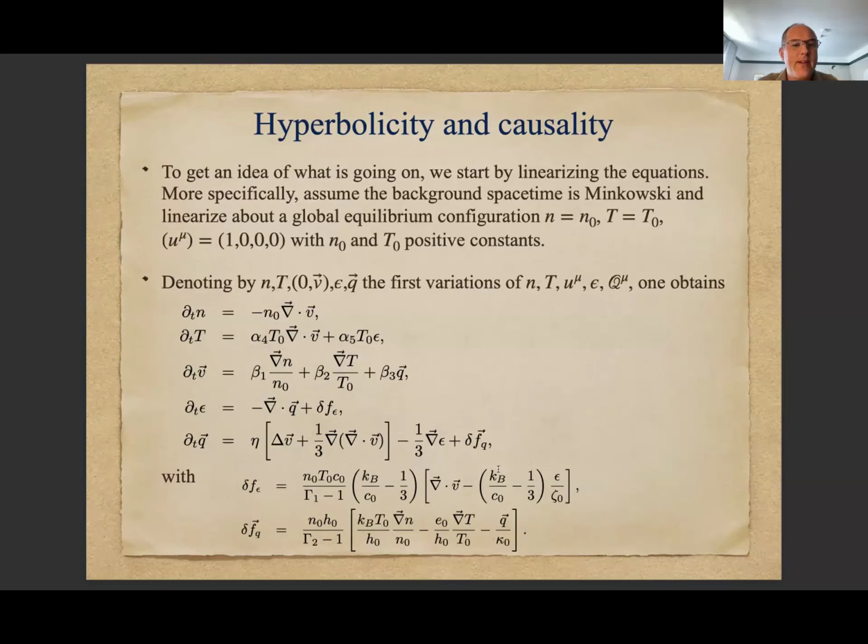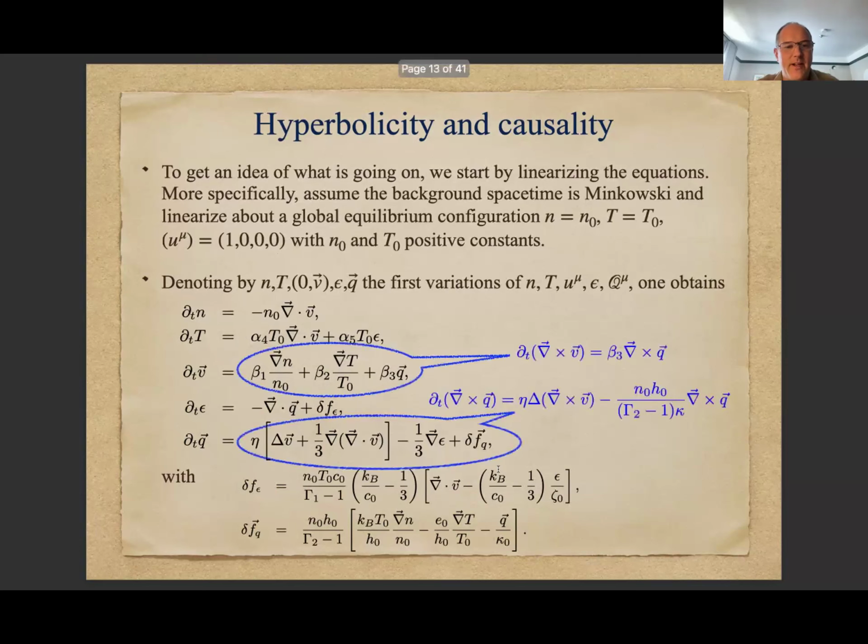All right, and now, what can you do? The first thing you can do to get a quick idea of what could go wrong is to look at the vorticity. For the vorticity, I take the curl of this equation here.